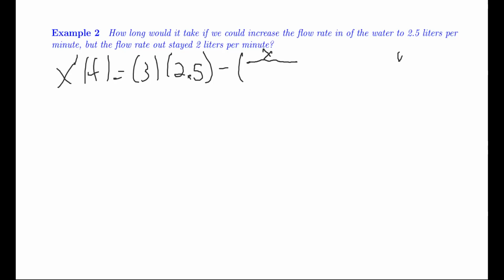So V of t, well, we're putting 2.5 liters into the tank per minute, but 2 liters is leaving the tank each minute. So what does that mean? That means we started with 150 and we are adding 1/2 of a liter per minute. So 150 plus 1/2 t.